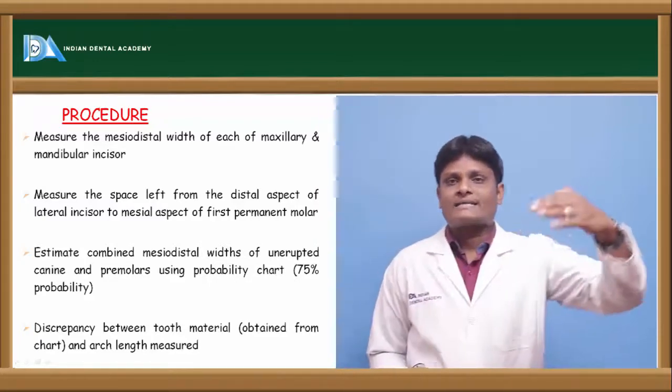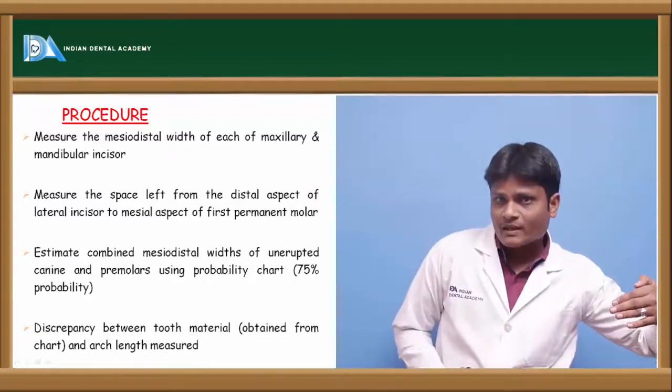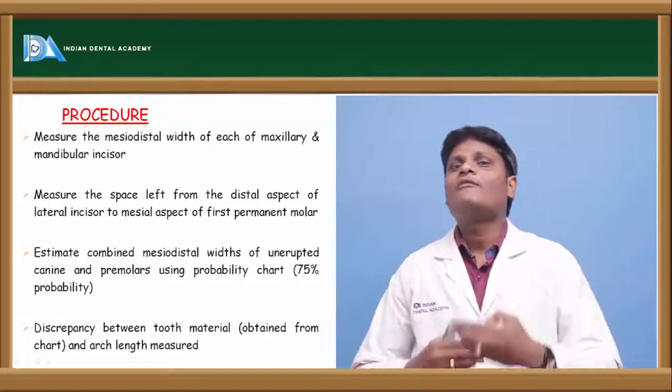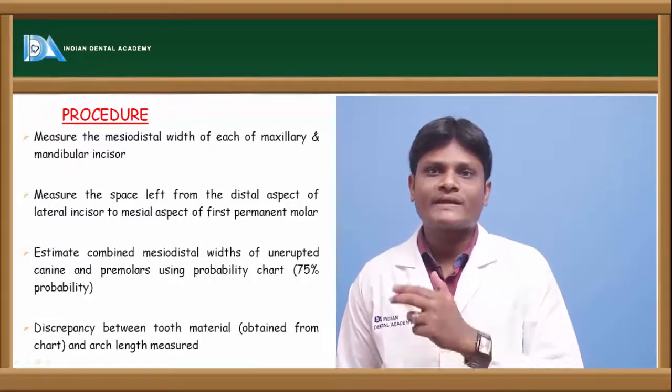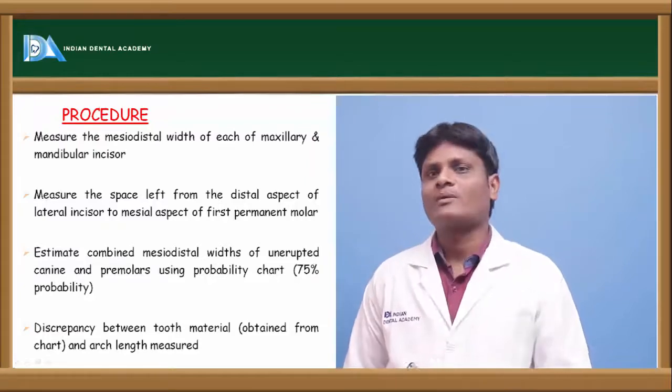That means at 75% probability in the prediction table, we will evaluate the combined mesiodistal widths of unerupted canine and first and second premolars.